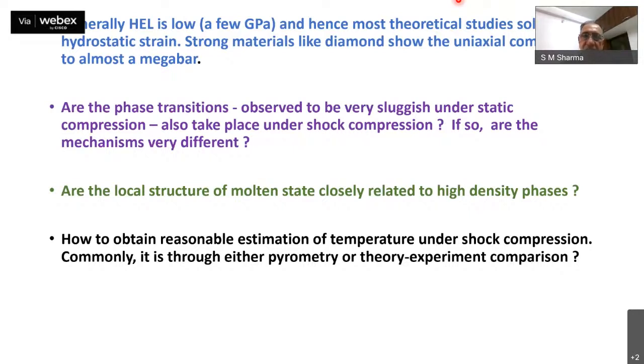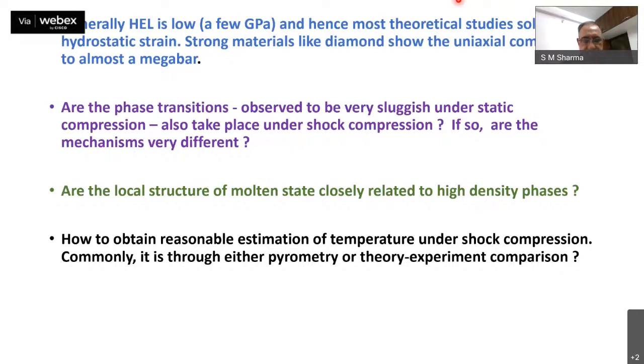Slow or sluggish phase transition in principle should not take place. But what is amazing, and I'll show a couple of examples today, is that it indeed happens that most of the phase transformations which are observed under static compression are also observed under shock compression. Not all, but many do. And that actually raises another question. Are the mechanisms different in the two cases?